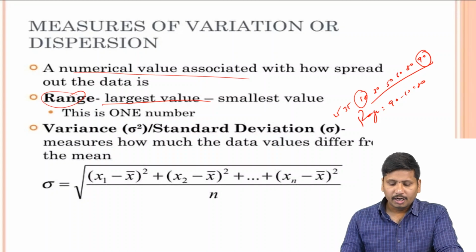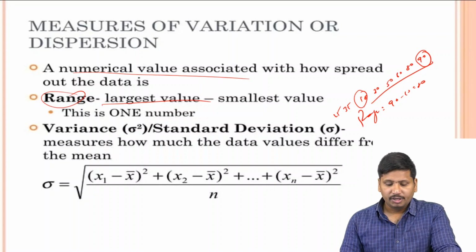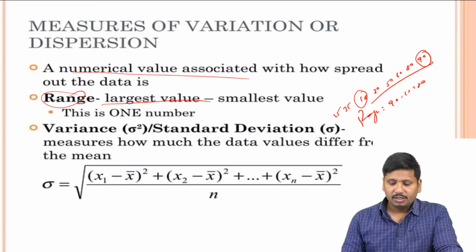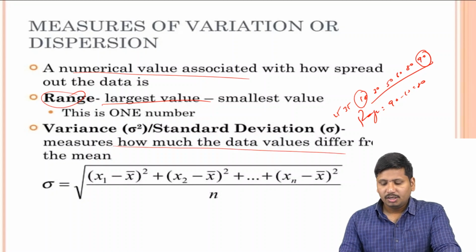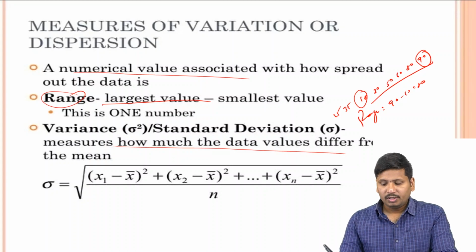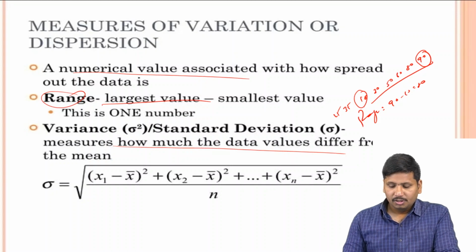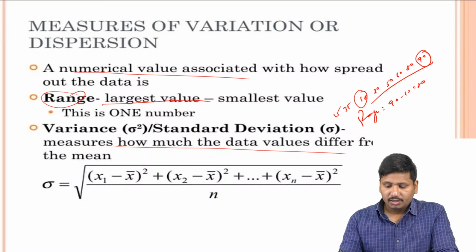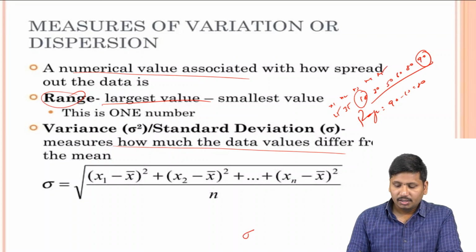Then how are we going to calculate the variance and standard deviation? The variance or standard deviation tells how much the data values differ from the mean. So if I have the data x1, x2, x3, x4 and x5, how do we calculate the standard deviation?